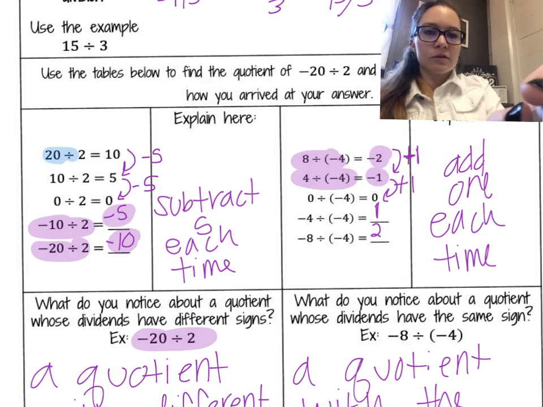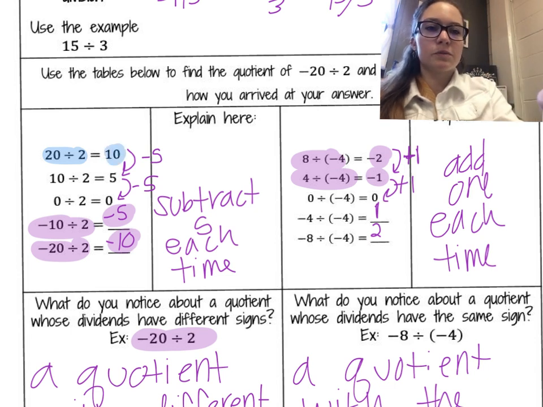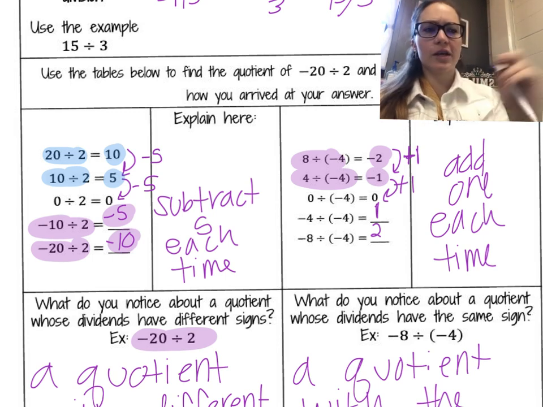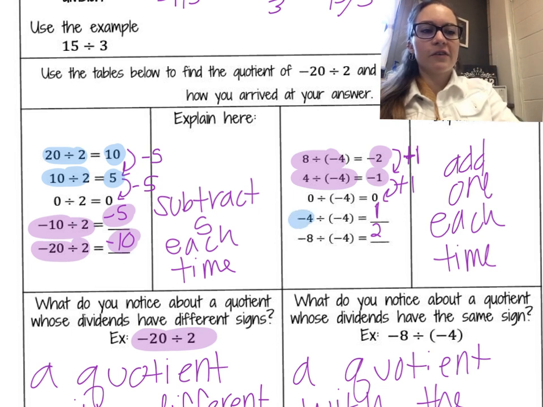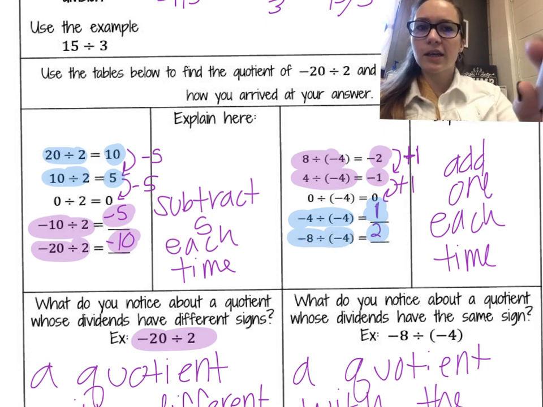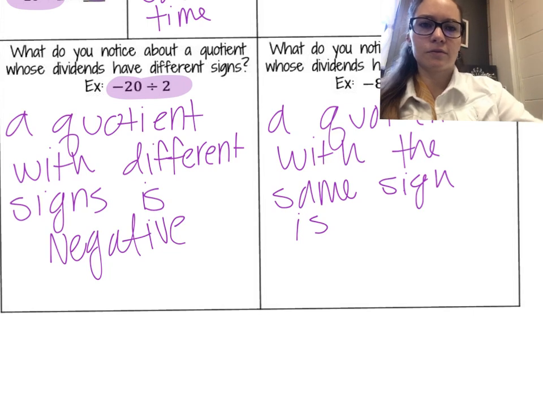Well, here, a positive and a positive, those are the same. My result was positive. 10 and 2 are positive, and my result was positive. Let's look at the other table at 2 negatives. So a negative divided by a negative was a positive, and a negative divided by a negative was a positive. So I'm seeing that if they have the same sign, they're going to be positive.